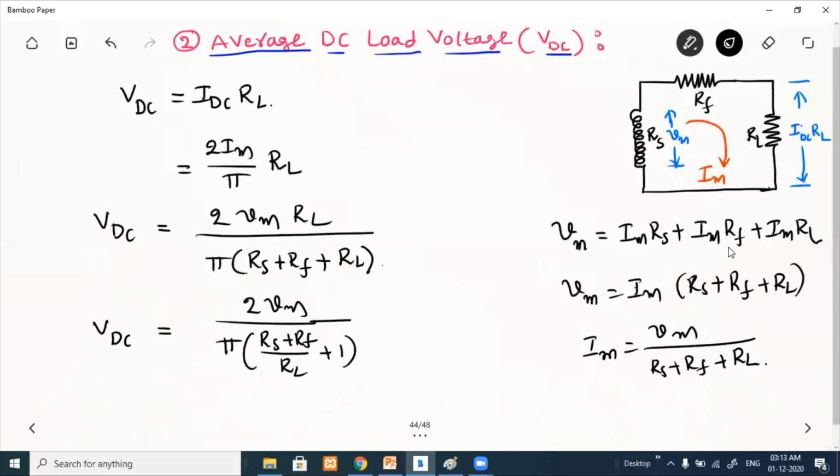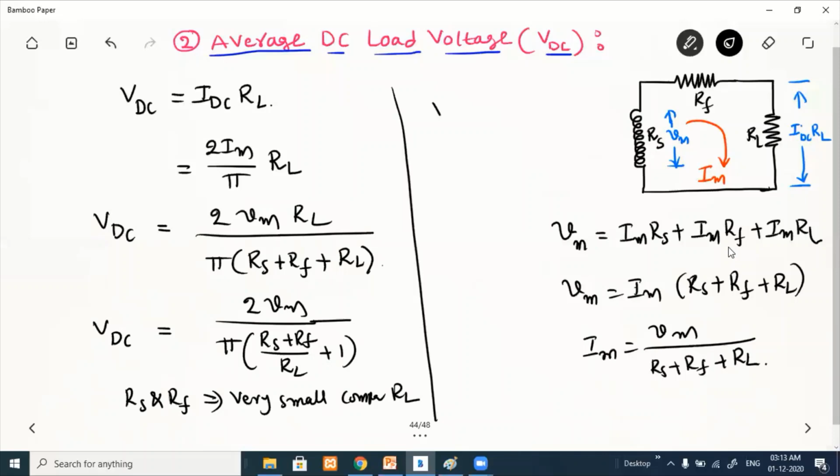RS and RF are internal resistances. Those are very, very small compared to RL. So we can neglect RS plus RF by RL when comparing it to 1. Then VDC becomes 2VM by pi.